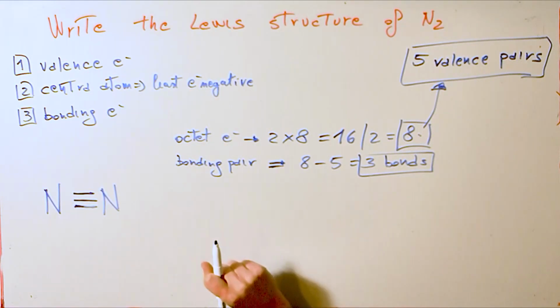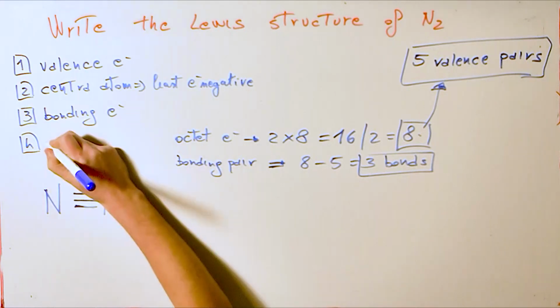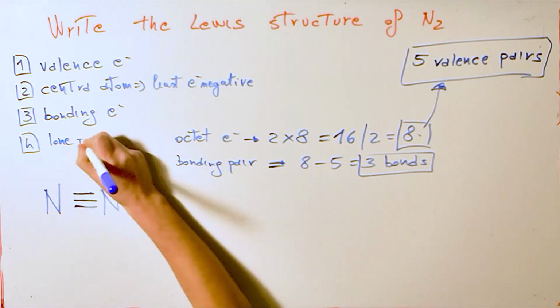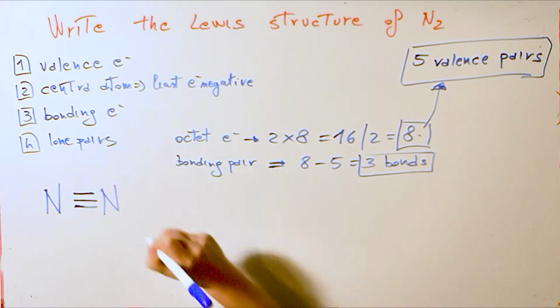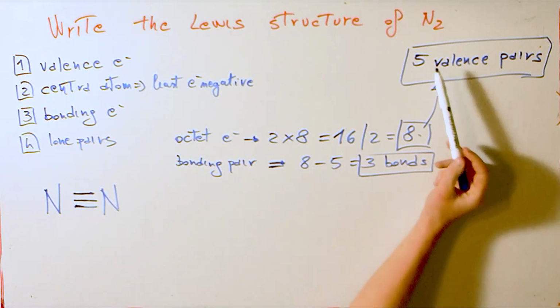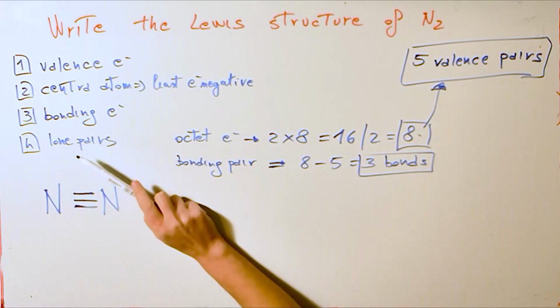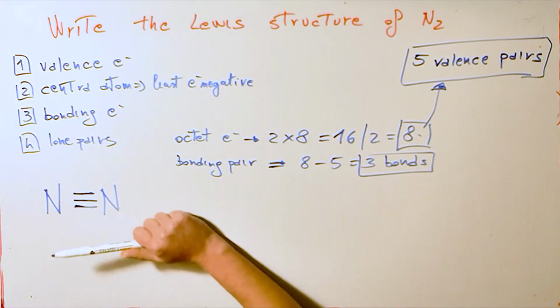Now we have done with the bonds, so we can go to the 4th rule, which is about the lone pair. So the 4th rule is telling us to put the remaining electrons here as a lone pair. So first of all, we have to know how many of these lone pairs we have.